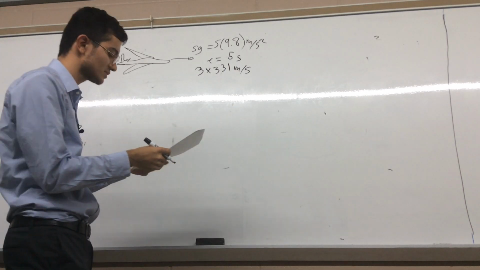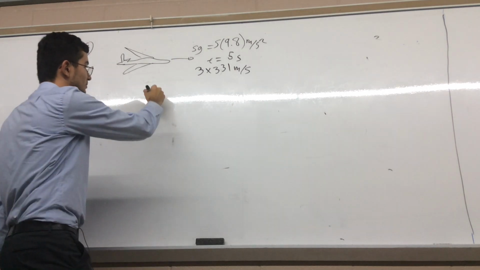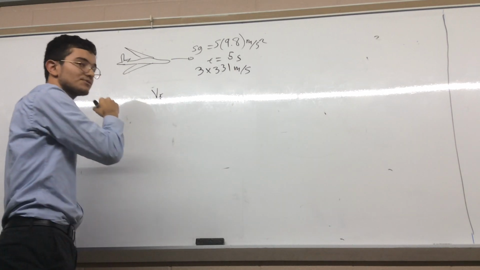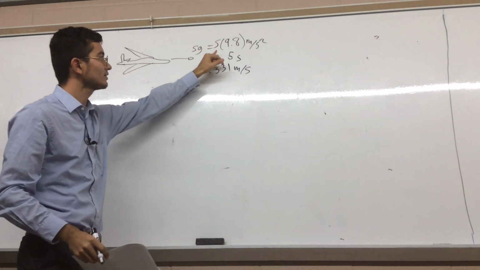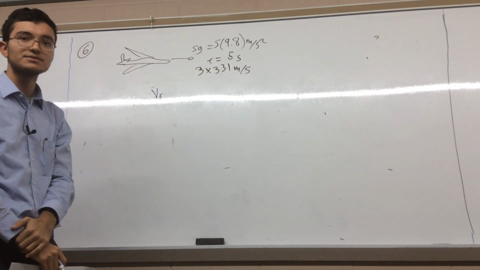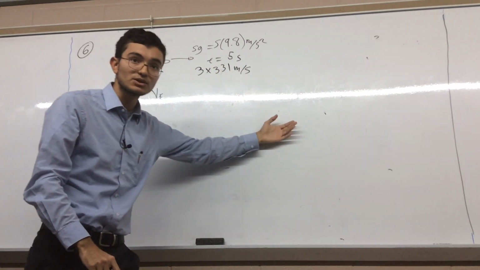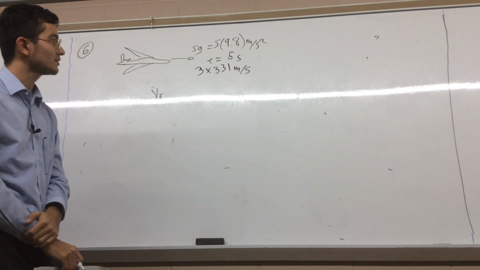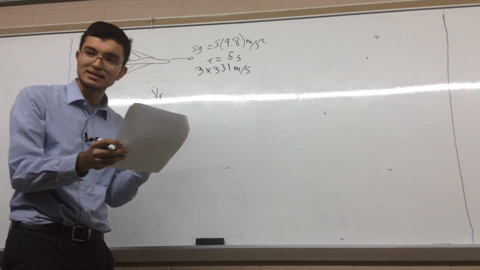So we can certainly use the first kinematics equation here. So let's see. Do we have V final? We don't have V final. Well, we have that the acceleration is 5G. Let me read the question to you again because it's kind of wordy.